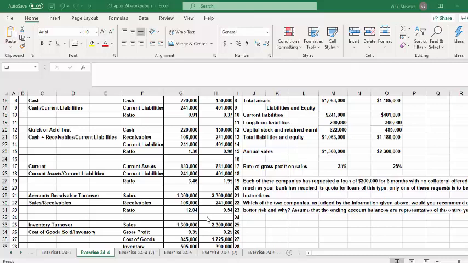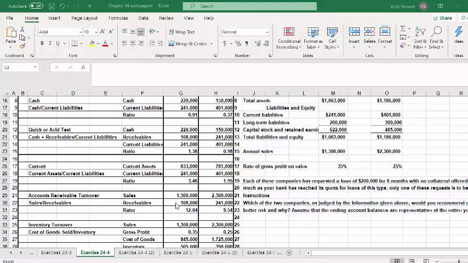So we would compute the accounts receivable turnover by taking their annual sales and dividing it by their receivables.